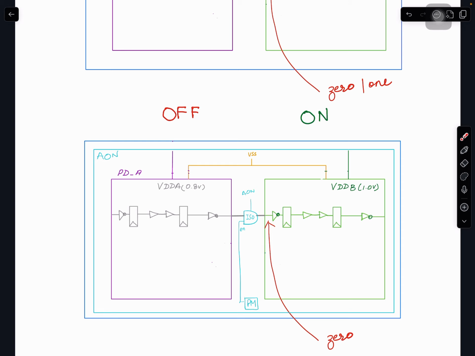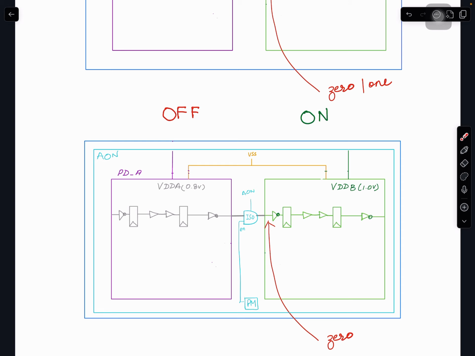And the other important thing is, this enable needs to come from somewhere which has a valid supply voltage. When this is off, you don't want the power management block inside it. Power management is typically all part of always on. So in this example, this can also be shut off or shut down, and in that scenario, we need another third voltage level, which is always on.